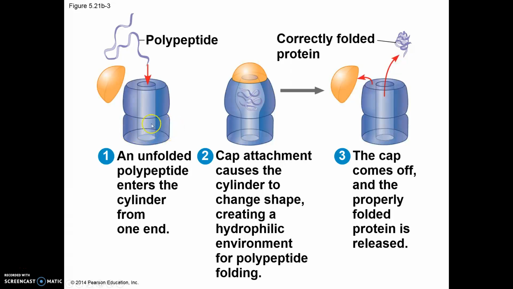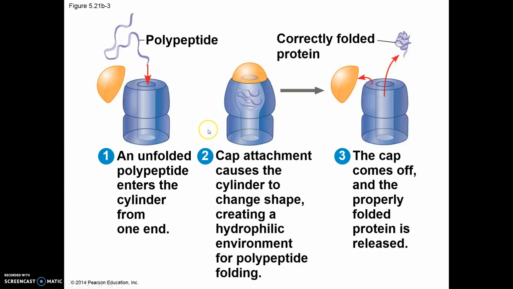The reason why this has 2 chambers is you can actually take turns. You put a protein in this side, you put the cap on, change the shape. Over here, we can put in a misfolded protein in the other side, put a cap on that side, change the shape, and just essentially have a revolving door of protein folding space.